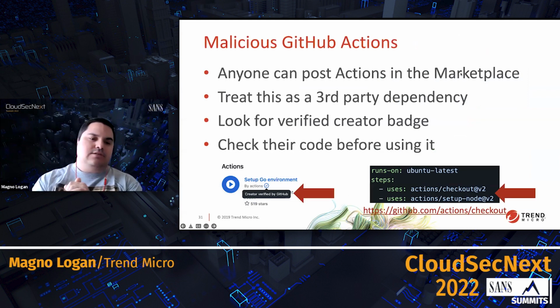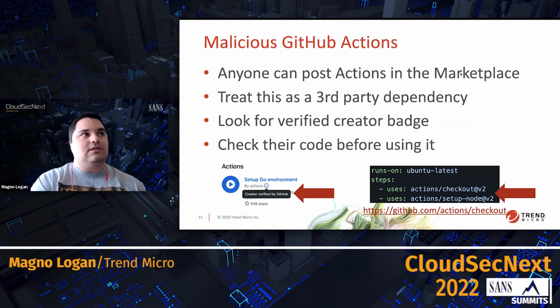Okay, malicious GitHub Actions. That's the main topic that I cover in this talk today, and the main thing around the article and the presentation. But the problem, and that's where I found myself concerned, is that anyone can post actions to the marketplace.